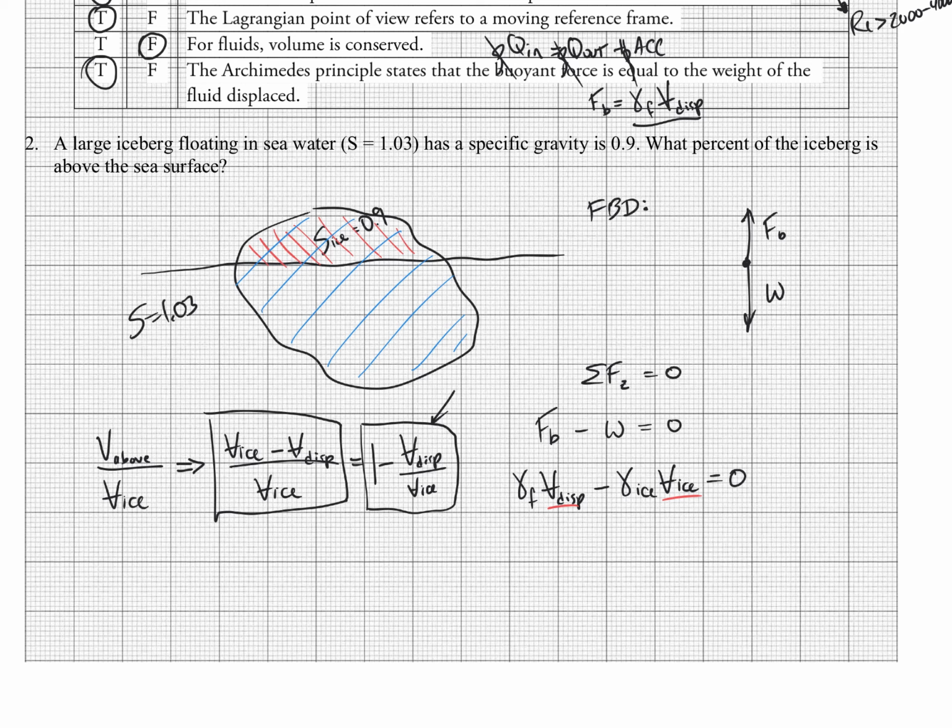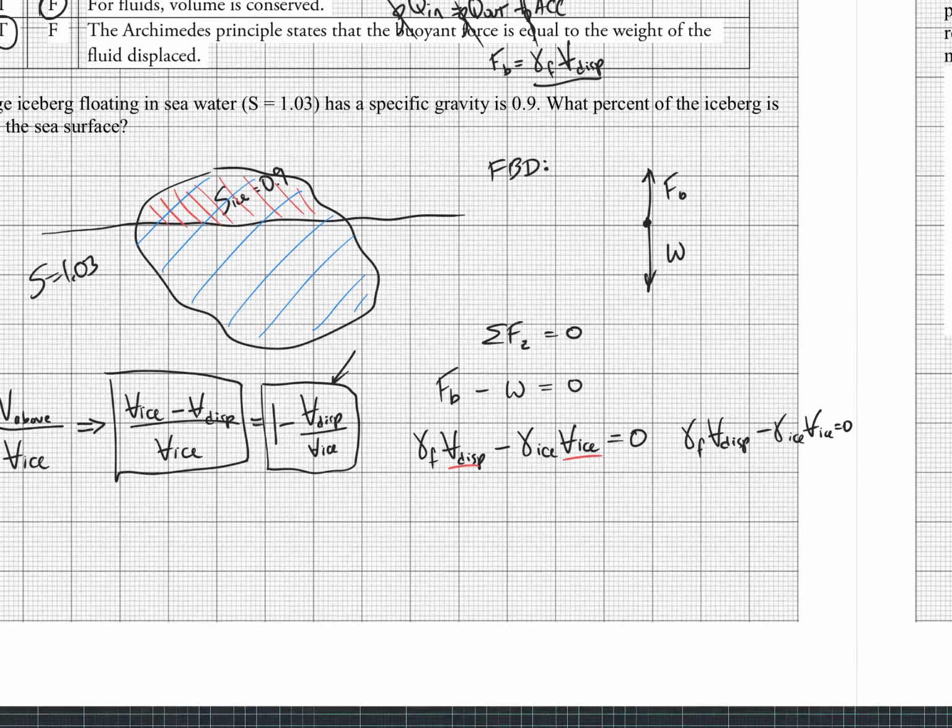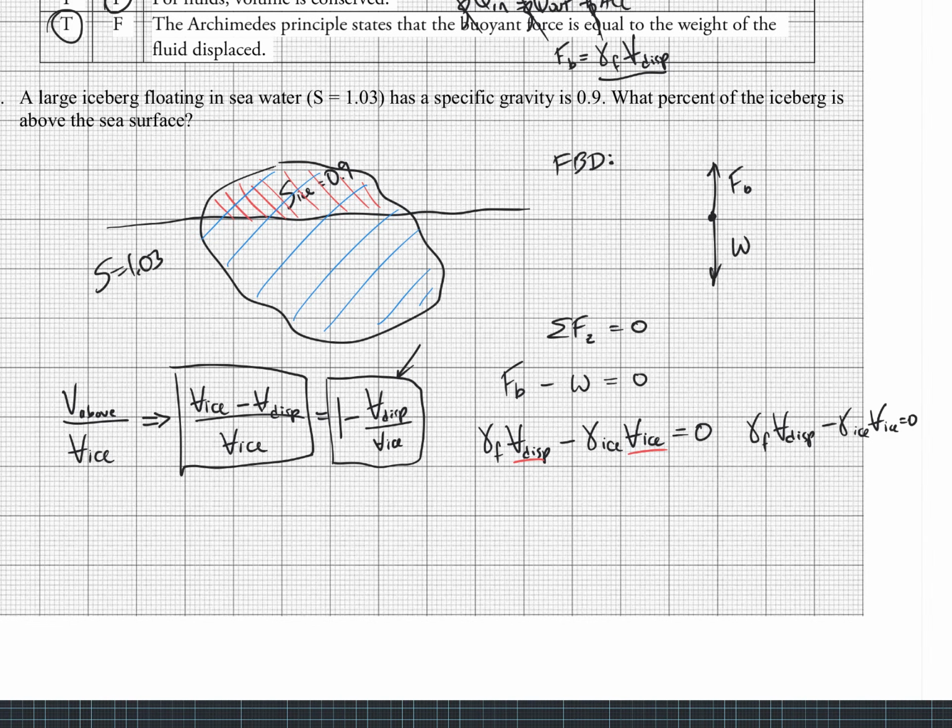I'm going to copy this equation right here: gamma ice V ice equals 0. Right now I'm going to solve for this ratio, volume displaced over volume ice. So gamma F times volume displaced equals gamma ice times volume ice.